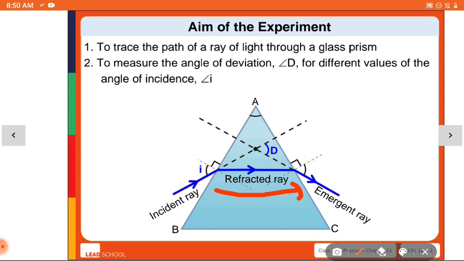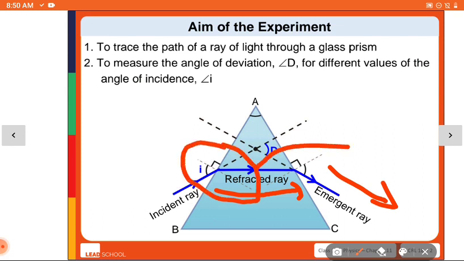When it passes through the glass from denser to rarer medium, it bends away from the normal. The red dotted line represents the normal. This is the incident ray, and that is the emergent ray.